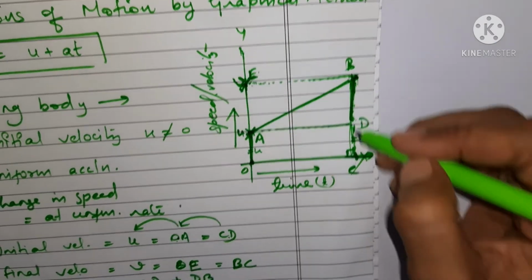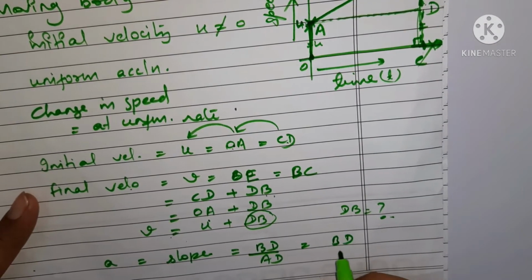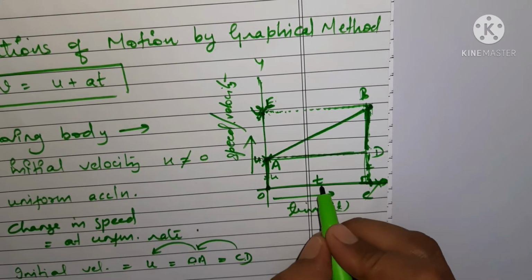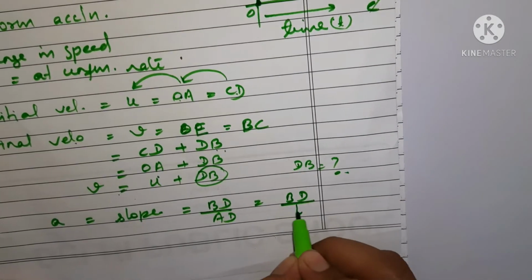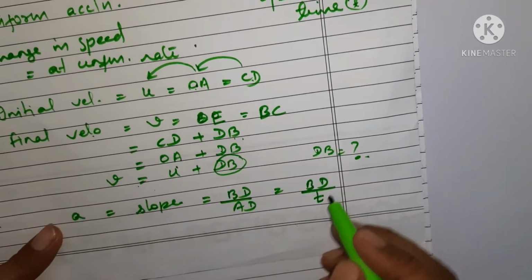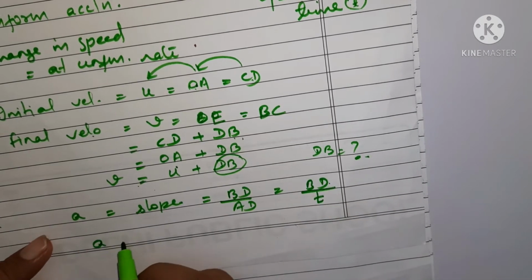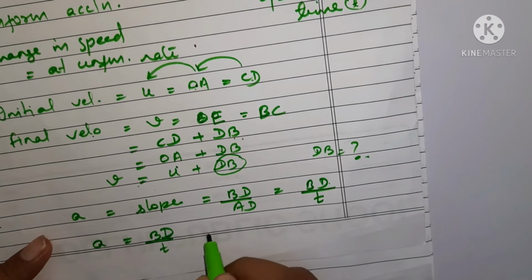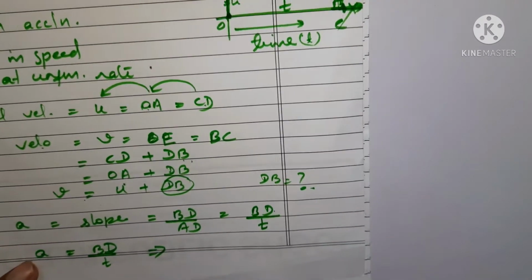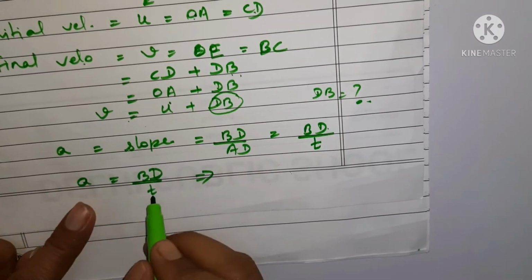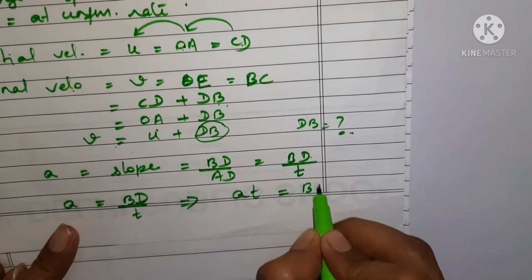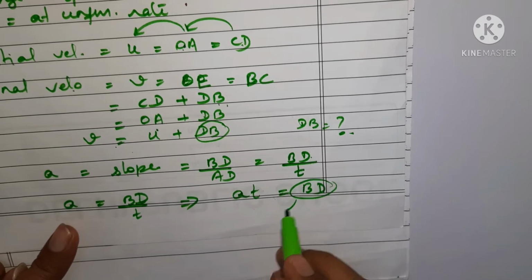BD is how much? We don't know, so let it be as such. And instead of AD, we can write t. This is t. And this is a. So what will be the value of BD? a is equal to BD upon t, which eventually gives you a into t, which is BD. So your value of BD will be what?